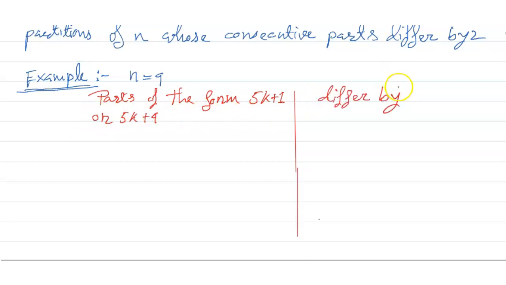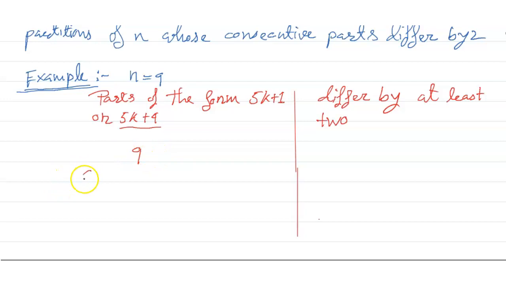Now 9 is 5k plus 4, and 9 is also 5k plus 1 where k equals 1, so it can be written as 9.